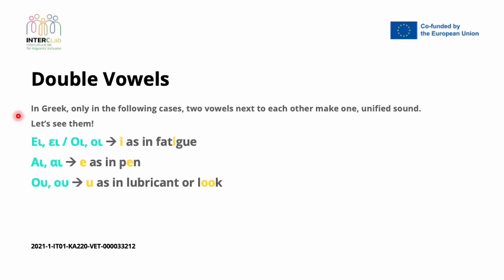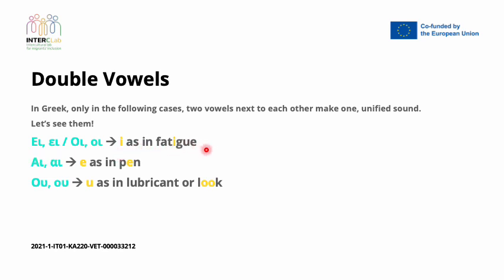The first is, as you can see, this combination here, which is the combination of the vowels E and I, uppercase and lowercase. When E and I are next to each other, instead of making the sound A, they make the sound I. So when you see E and I next to each other, the sound is I, as in fatigue.